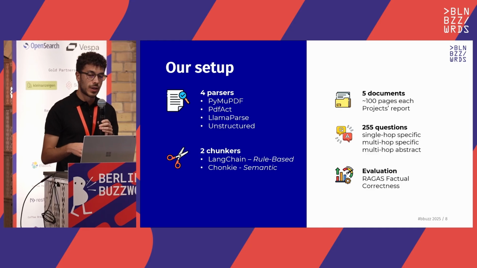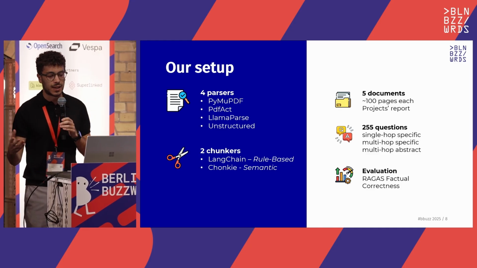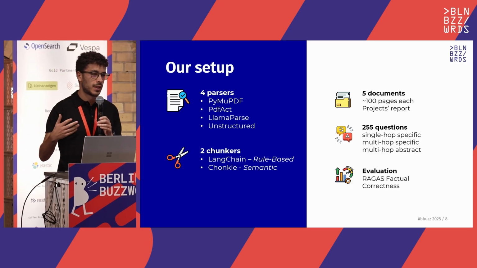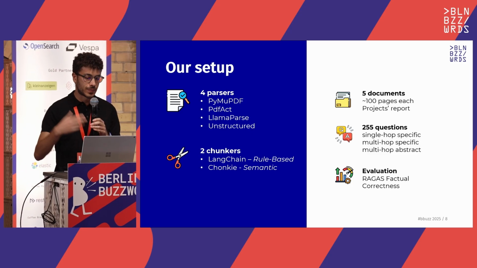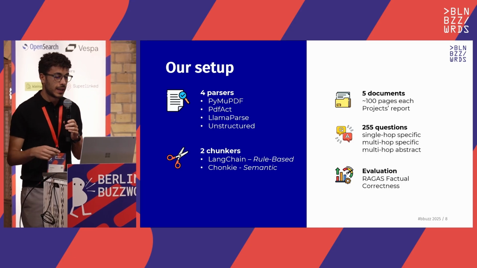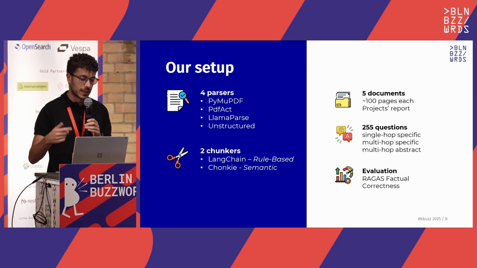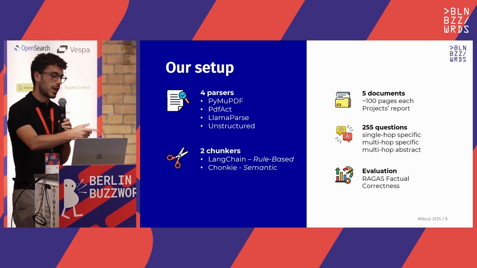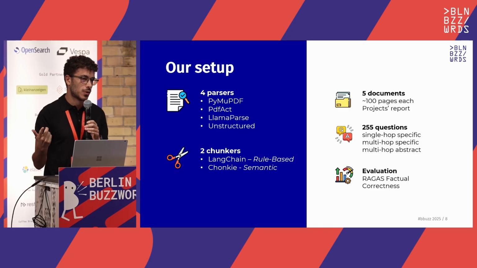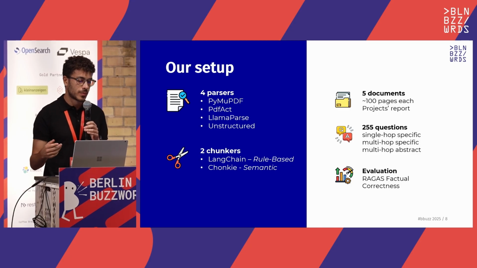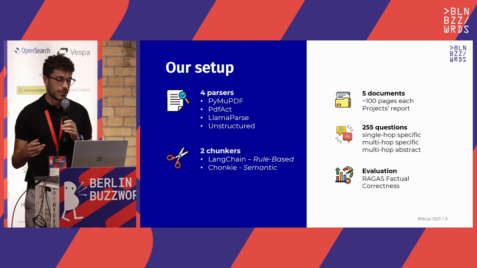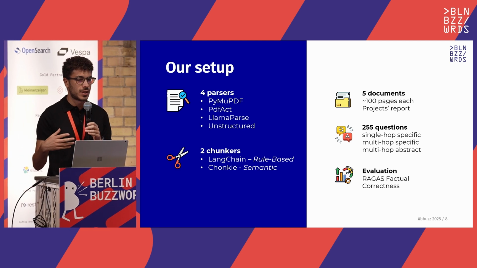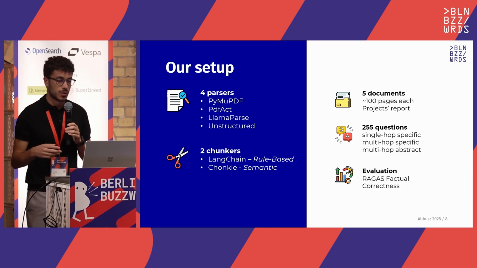And then we have multi-hop abstract questions that are very generic questions that require a narrative answer that combines different chunks. We ran these documents using 4 parsers, 2 open source. We have PyMuPDF, one of the best-known Python libraries to extract text from PDF files. Then we have PDFBox, a minor Java library, but one that has very good performance.